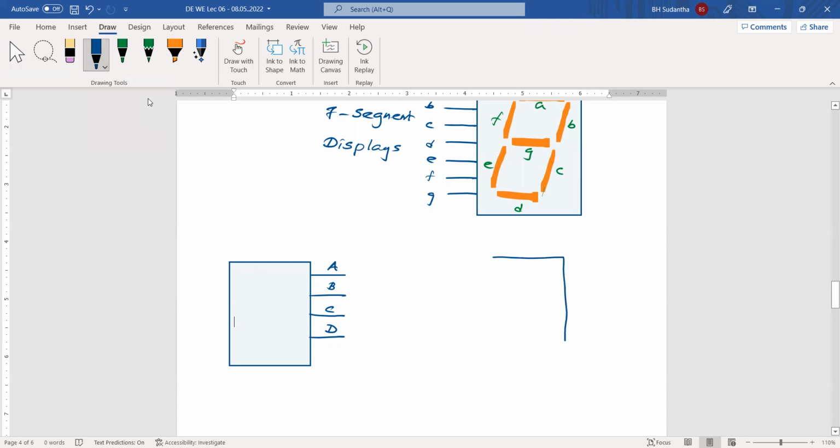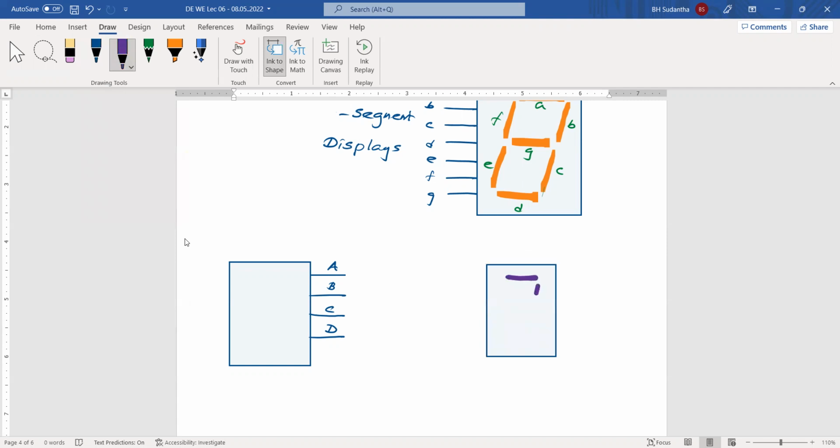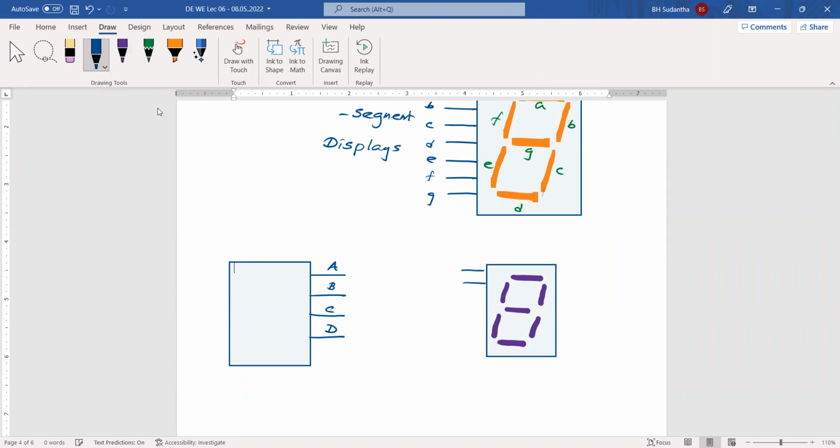Now we have this type of segment here. We have these 7 inputs also.